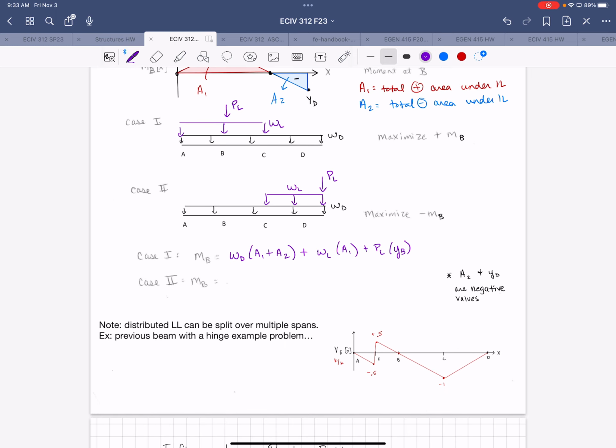For case 2, we would still have WD times the net area under the influence line, plus WL times A2, plus PL times YD. All right, and here I've noted that A2 and YD are negative values.